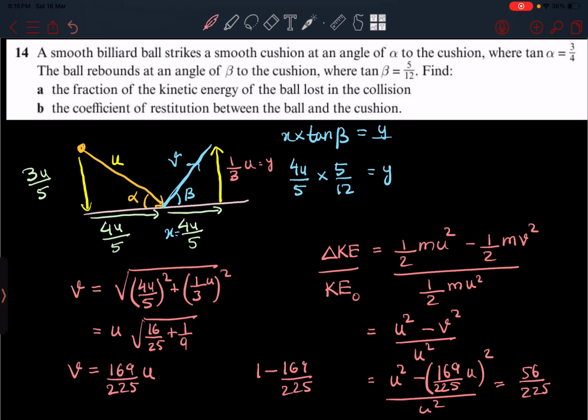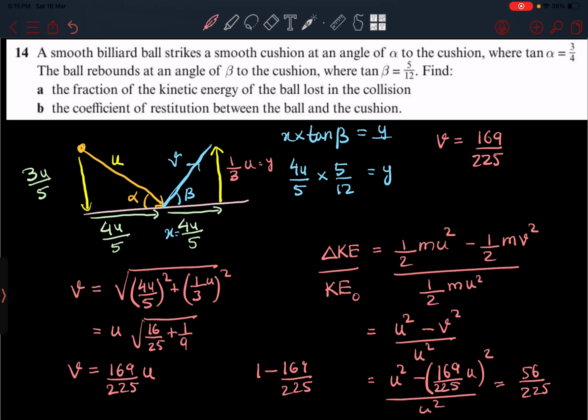A quicker way to think about this is, when we started off, as we know, the mass is not changing, so the only thing that is affecting the kinetic energy here is the velocity. So if you think about it, the velocity became 169 over 225 times the original thing.